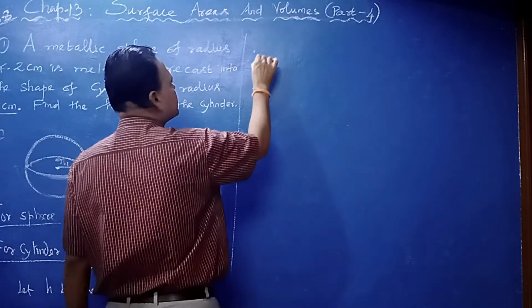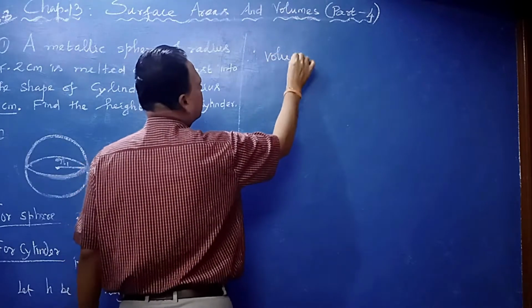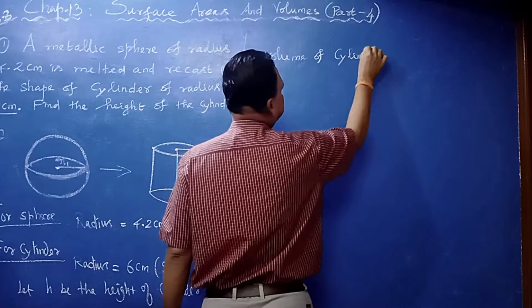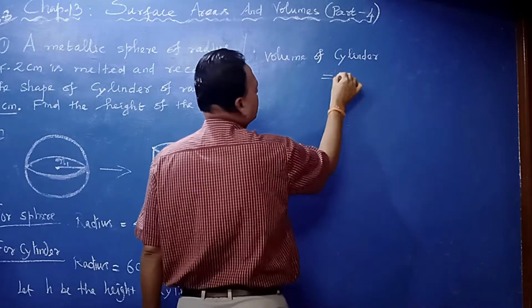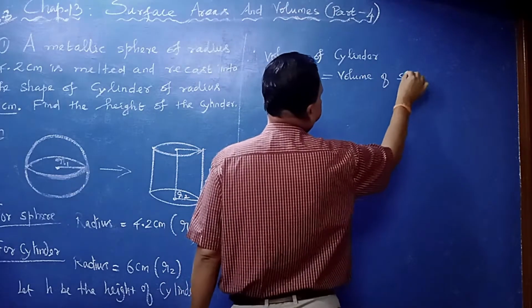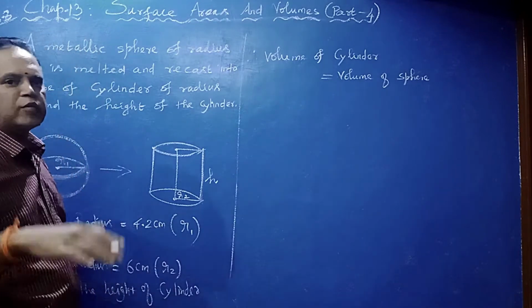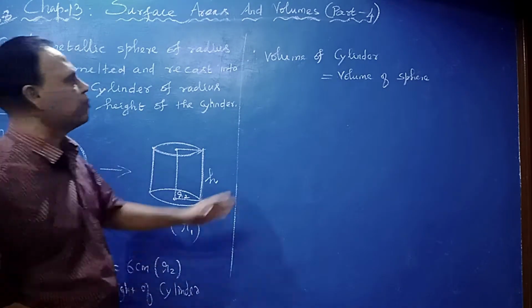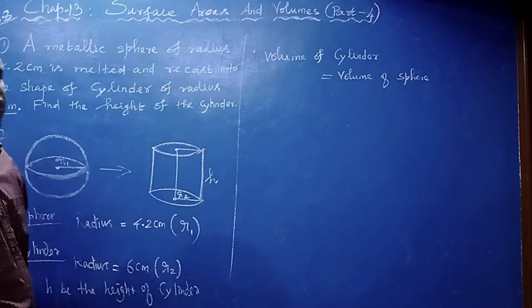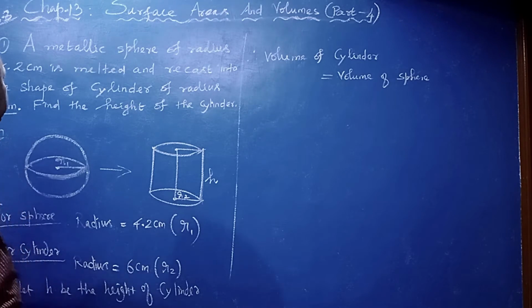Therefore, according to the question, volume of cylinder is equal to volume of sphere. If you keep the volume of cylinder on the left-hand side, the unknown will come on the left-hand side, easy to simplify.